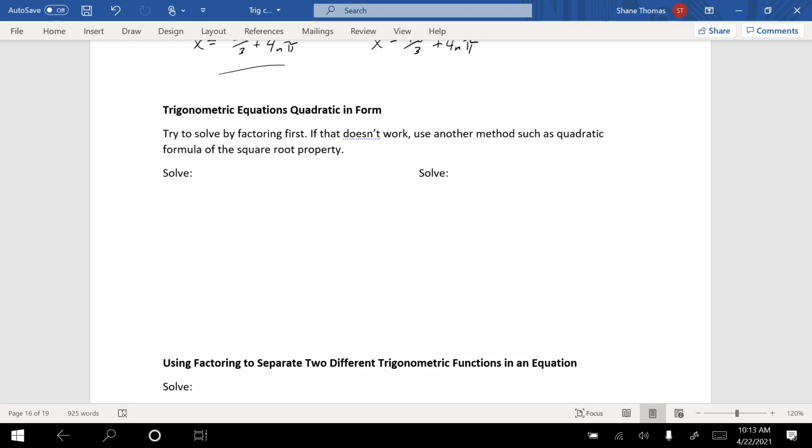If that doesn't work, use another method such as the quadratic formula or the square root property. We're not doing the quadratic formula today, so you're lucky. All right, so for this one, I want to solve 2 cosine squared of x plus the cosine of x minus 1 equals 0, and this is going to be from 0 to 2 pi.